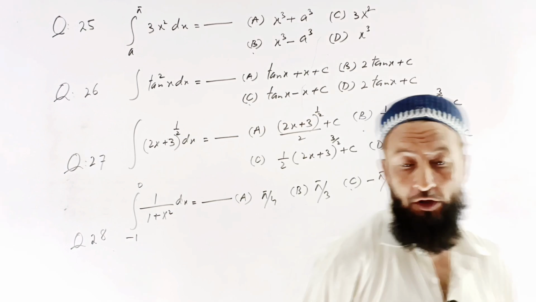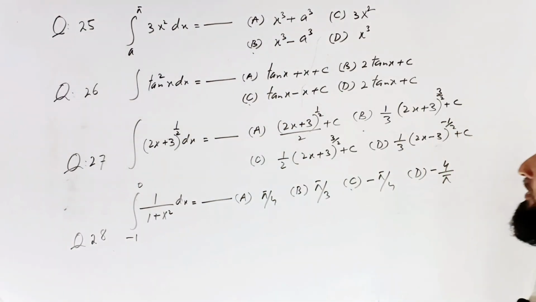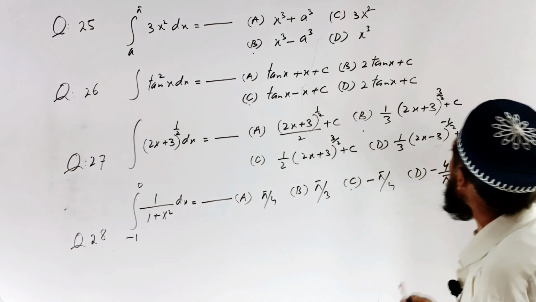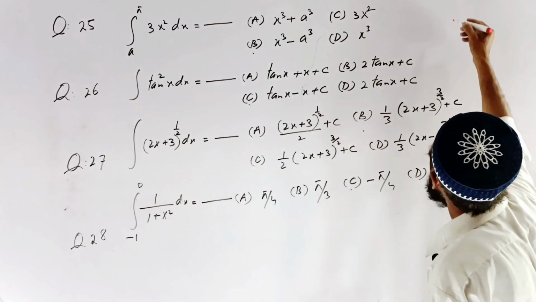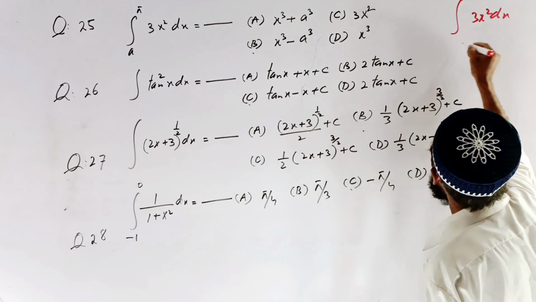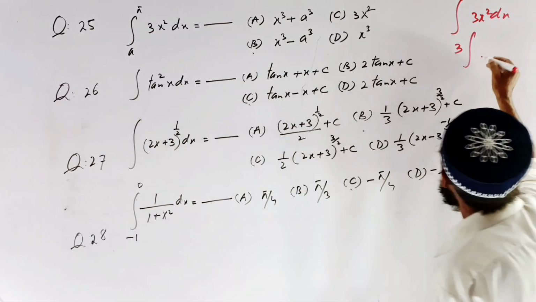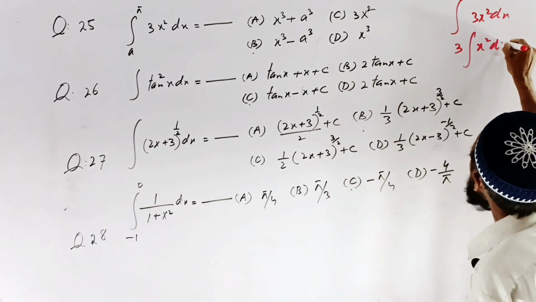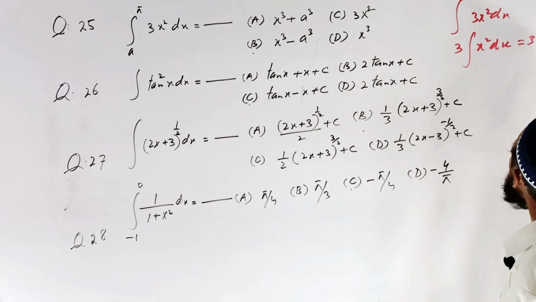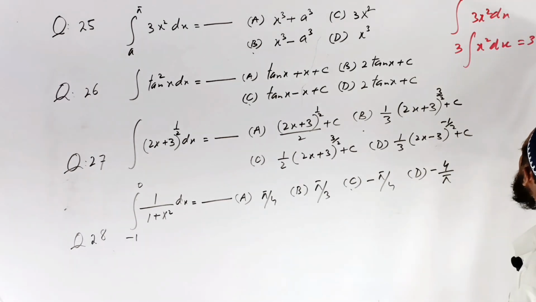Question number 25. Dear students, lower limit up to pi, integral of 3x square dx. First of all we find the value of integration of 3x square dx. 3 is a constant value, we take it outside the integration of x square dx. So the result is 3 x power 3 divided by 3 plus c.